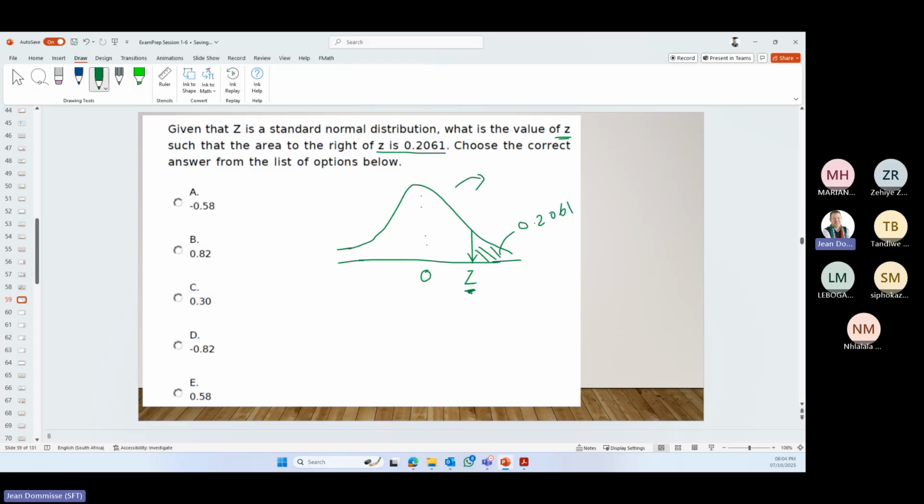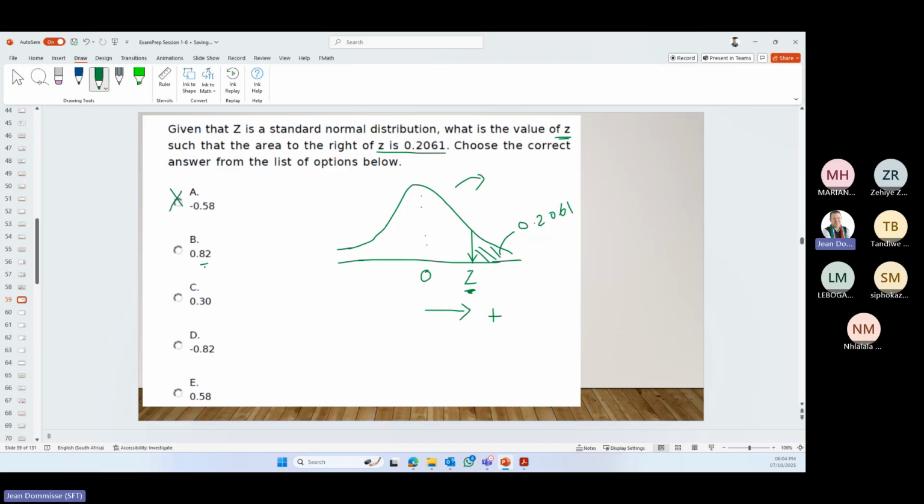Okay, so here they give us the probability, and we will need to get the Z. First thing that you guys can see is to the right of 0 will be a positive number. So minus 0.58 can't be, because it needs to be a positive number.